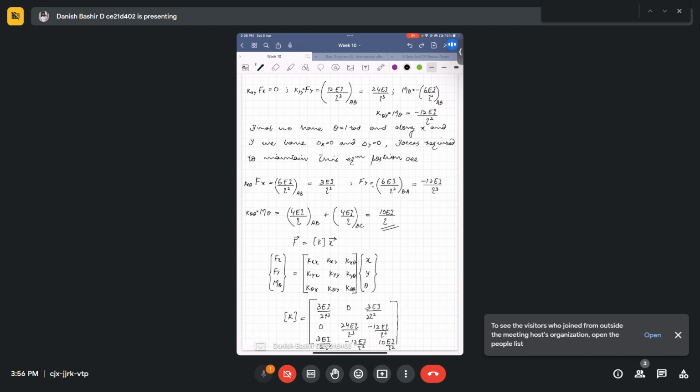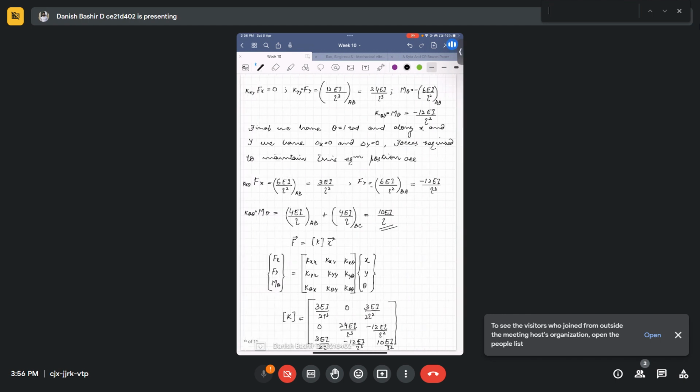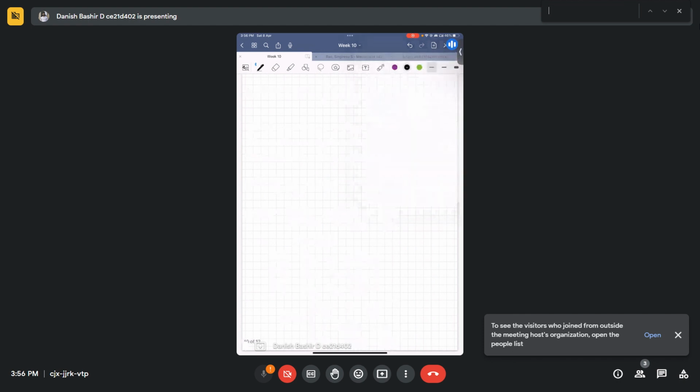Okay, this thing. So finally our stiffness matrix, if we write it in a compact form, K will be equal to EI by L cube, and other things like this. We have 3 by 2, 3 by 2, 0. We have 3L by 2, and we have this diagonal as minus 12L. This is 12L square. We have 24.